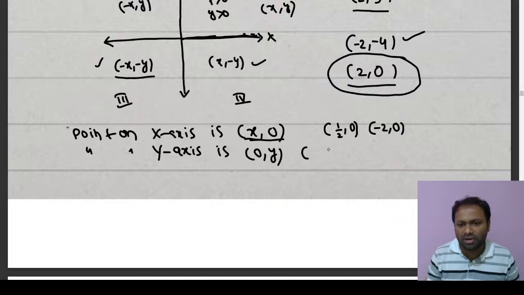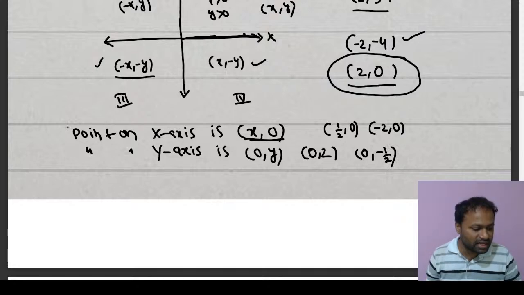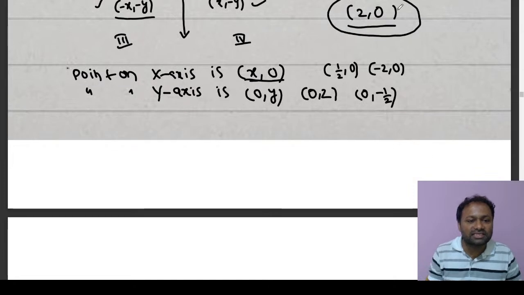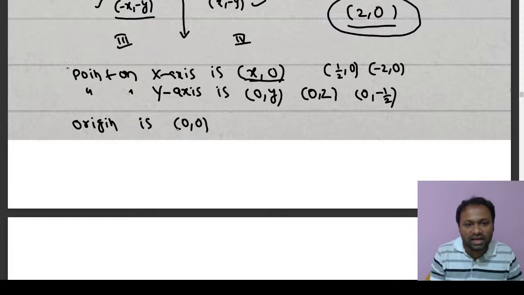We can take a number of examples: (0, 2), and next (0, -1/2). Next, what will the origin be? It is (0, 0), which we denote with O. The origin is the ordered pair (0, 0).